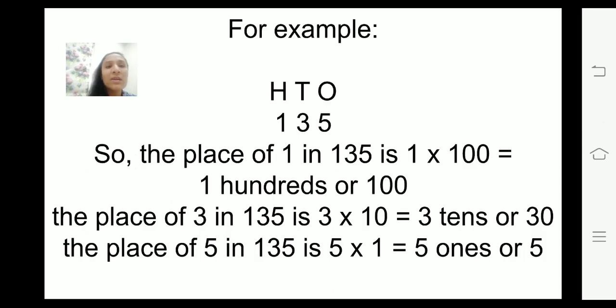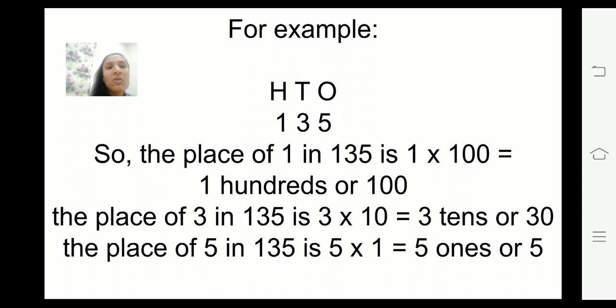Let us take another example of a 3-digit number. So the place value of 1 in 135 is 1 into 100. Why 100? Because 1 is at hundreds place. So 1 into 100 is equal to 1 hundred or 100.